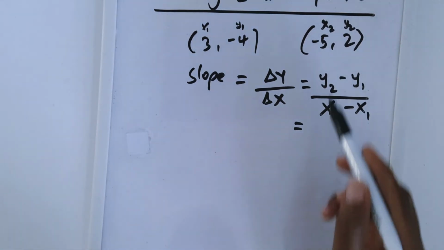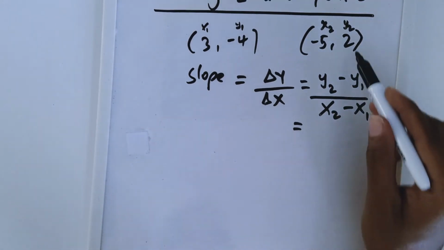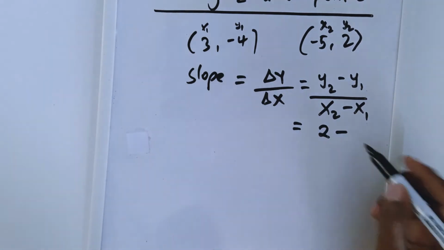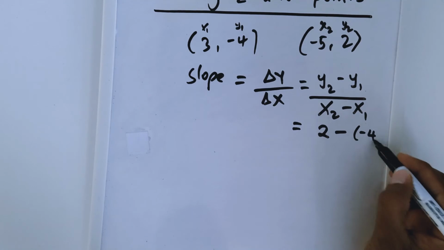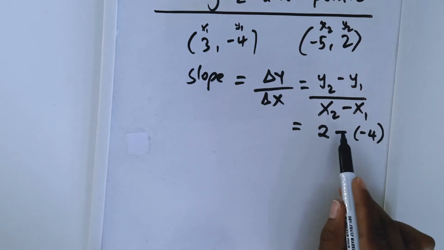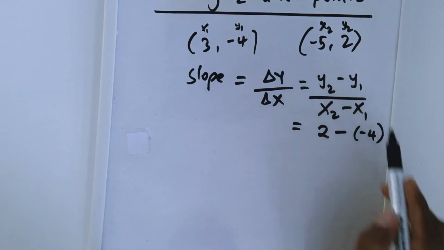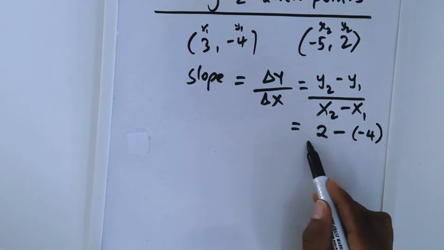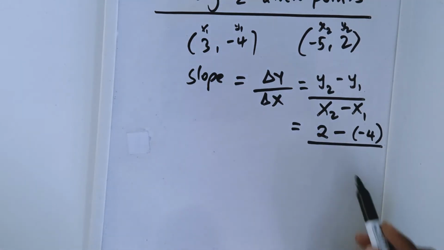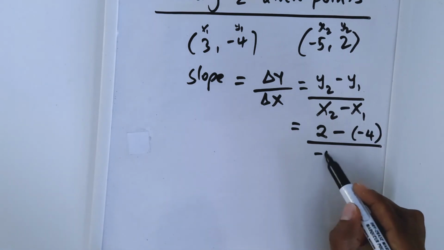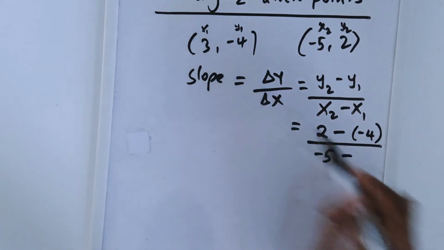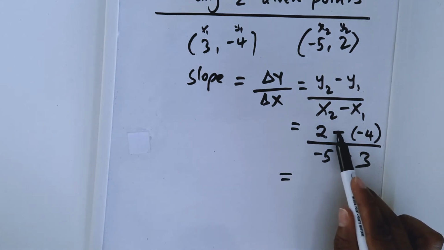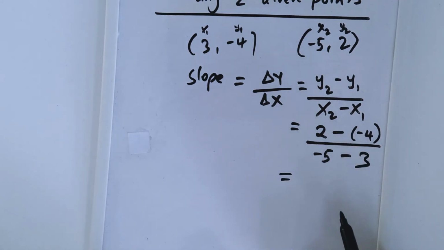Okay, given those, what is y2? Y2 is 2 minus, what is y1? Y1 is negative 4. So it is minus, which is from the definition, and negative 4, which is the sign of that coordinate point, divided by what is x2? X2 is negative 5 minus 3. Therefore, when you multiply negative times negative is a positive.